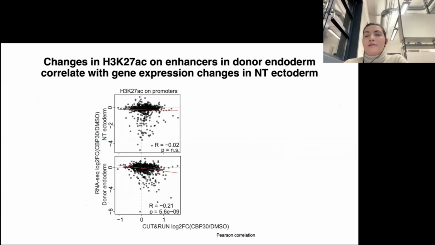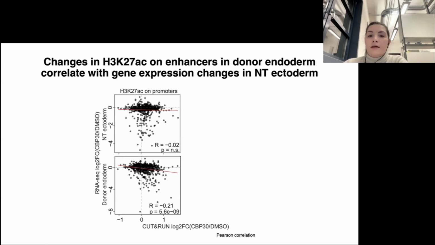Yeah, and this brings me to my final data slide for today. We also wanted to check whether we can detect any correlations between the changes in K27 acetylation versus the gene expression changes that we detected.